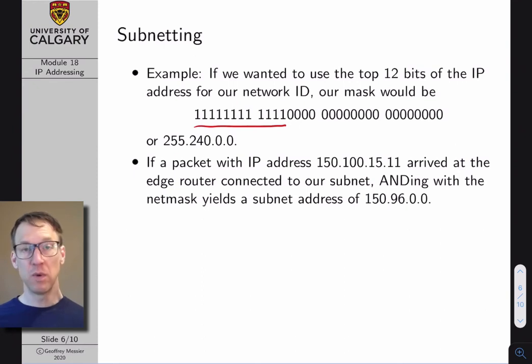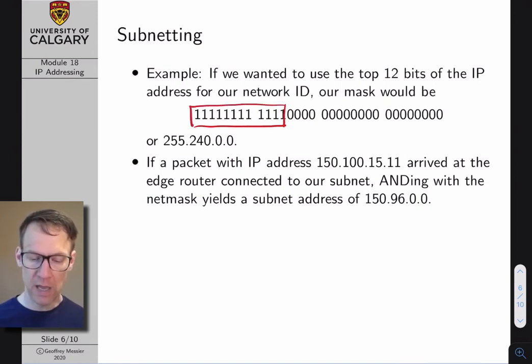When we received an IP address, if we wanted to extract the network ID, we would take the IP address and do a bitwise AND with our subnet mask, which would extract only the top 12 bits and zero out the remainder.